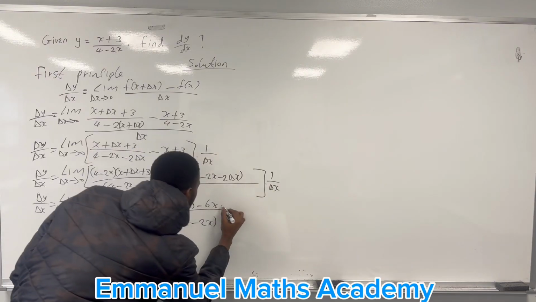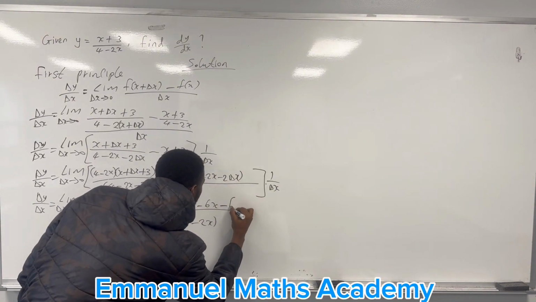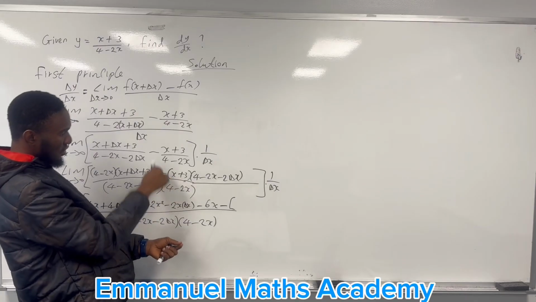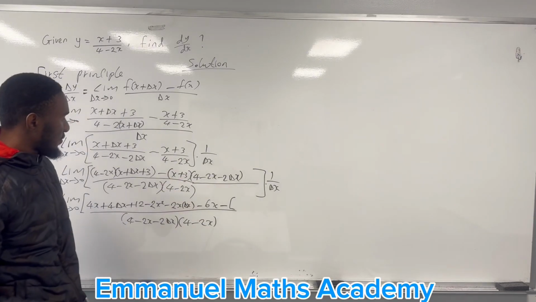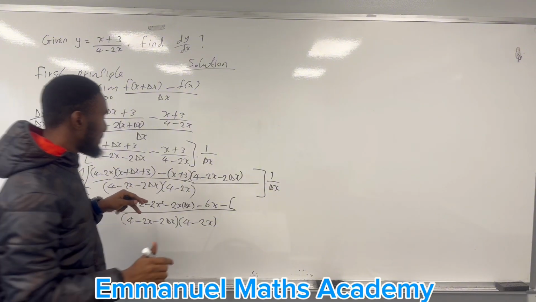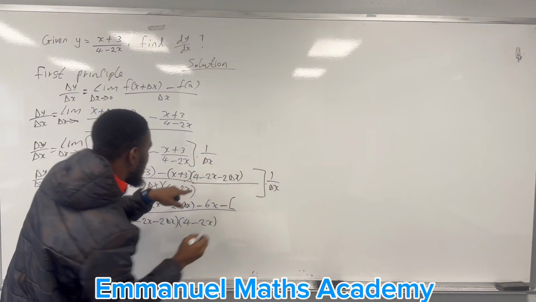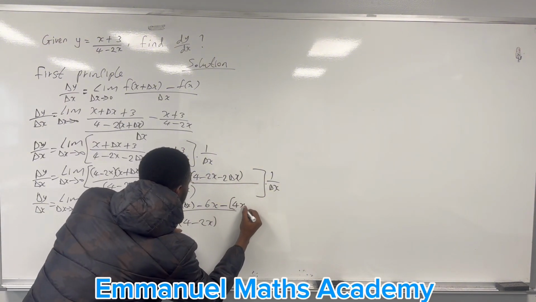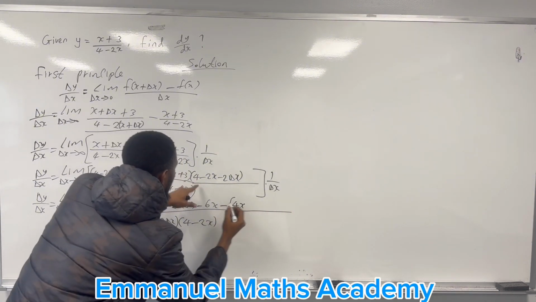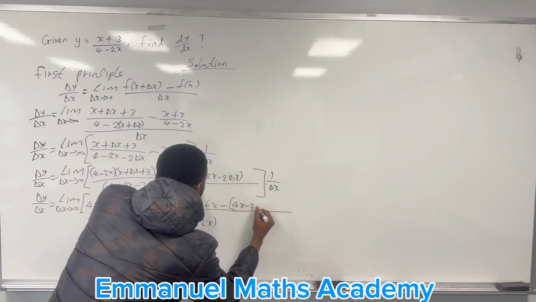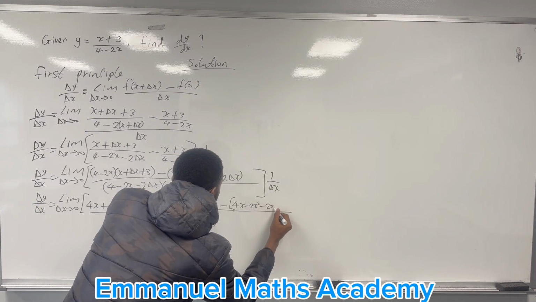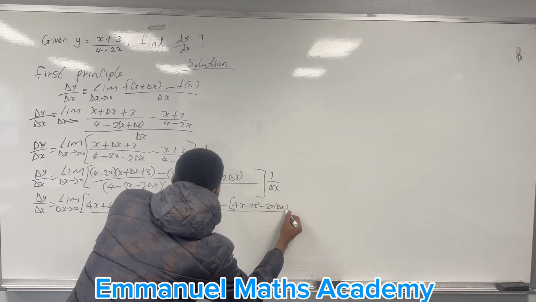So we also start expanding using the second term. But remember, you have your minus. Since you have your minus, we want to open this up first, then later use our minus to distribute, so that you don't get confused. I just want to take it one step at a time. So x times this will give you 4x. X times this will give you minus 2x squared, minus 2x delta x.